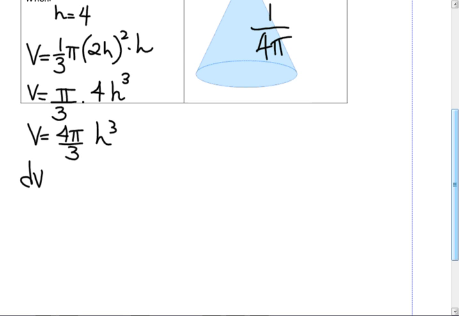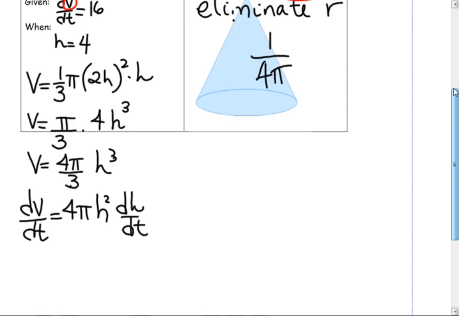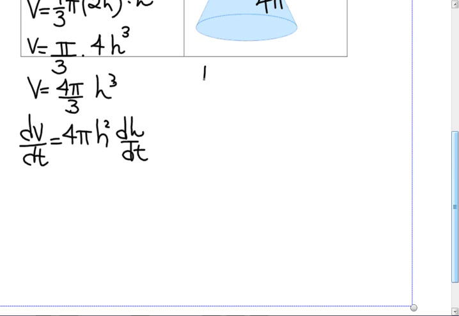So now, you can keep the r in there, and like I said, if you want to see it done with the r in there, it might be a good thing, actually. The 3's will cancel, so I get 4 pi h squared dh dt. Now, what's dv dt? 16. So 16 equals 4 pi.